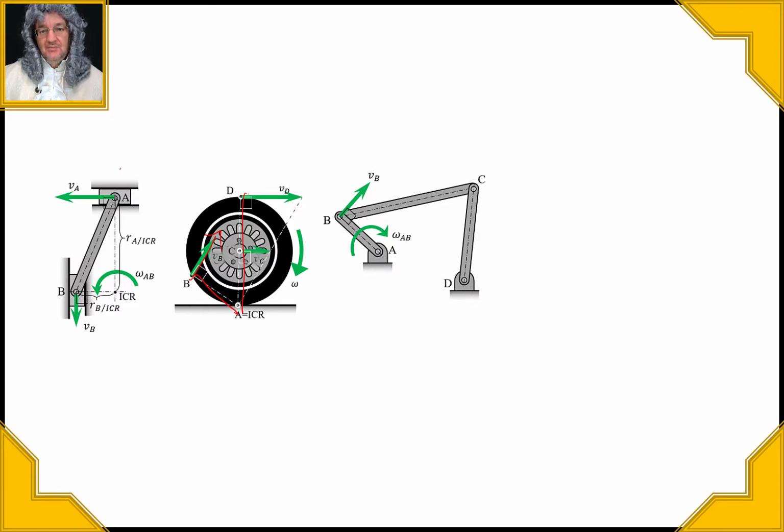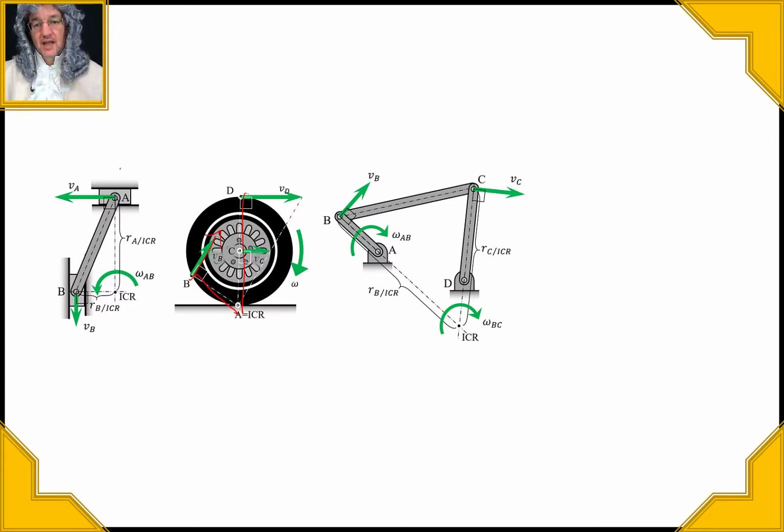The same thing is true on CD. Its velocity, whether it's moving clockwise or counterclockwise, at C has to be along the line that's perpendicular to C and D. Therefore, the intersection of those perpendicular lines has to be down here where the lines drawn through the links intersect, right? And of course, you could find what that omega CD is, right?